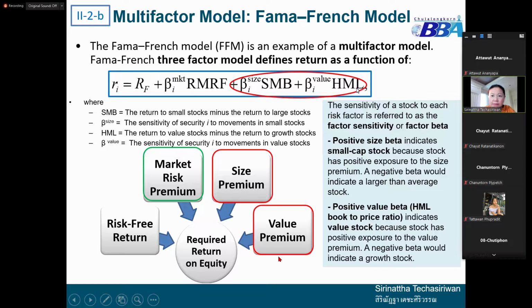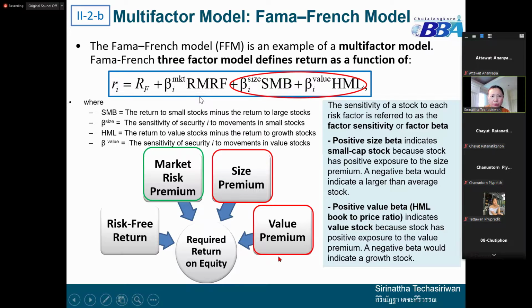And Fama French suggest that value stock requires higher return than growth stock with a similar level of market risk. So here a positive value beta indicates a value stock. Okay, so for this Fama French model, of course, you need to be able to apply the model to estimate the required return.